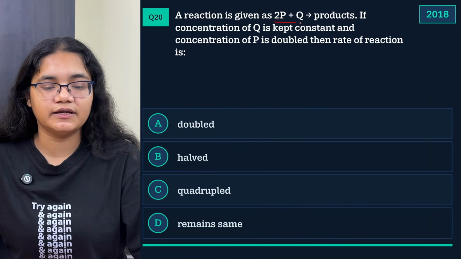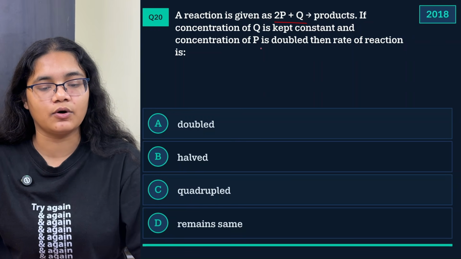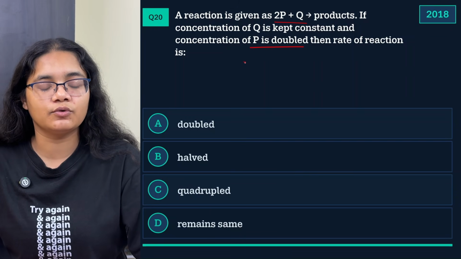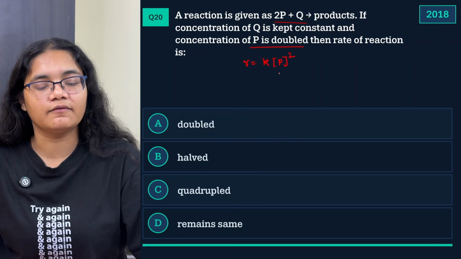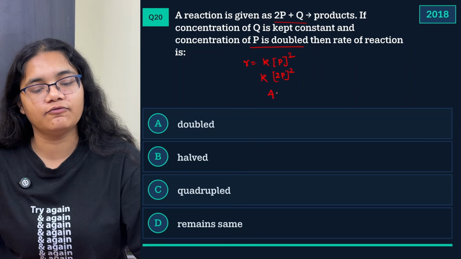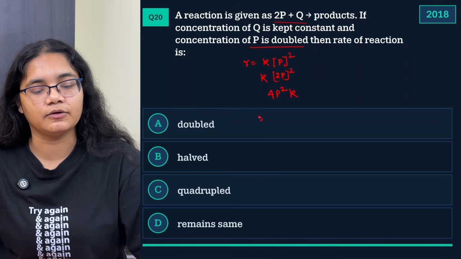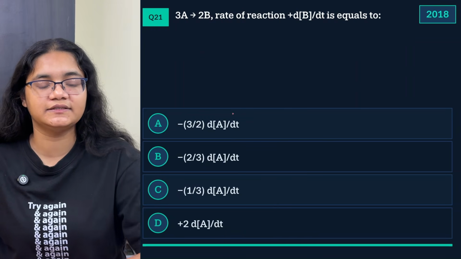Next, the reaction is given as 2P plus Q gives you product. If the concentration of Q is kept constant, then the concentration of P is doubled, then the rate of the reaction is. If nothing is mentioned regarding the order, then you can write it like this. Now when 2P it becomes 4P square, and this will be equal to 4 times of rate. So it will become quadrupled, option number C here.